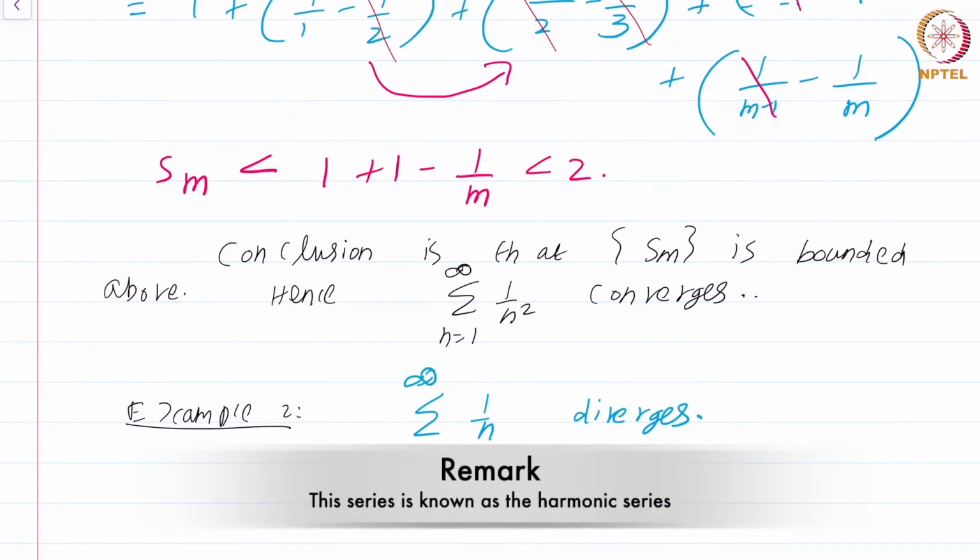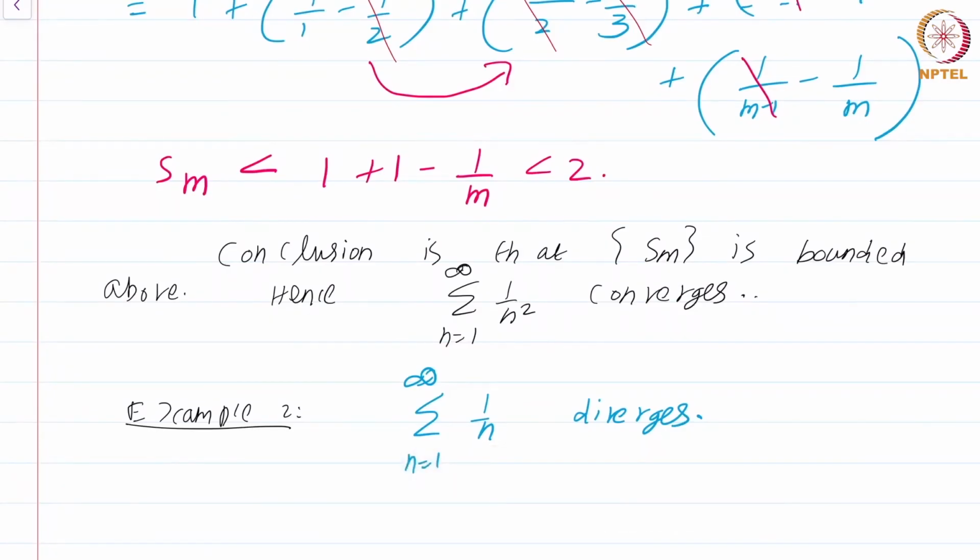Well, this might be a bit shocking to you, but you can do the following experiment on a calculator or a computer and try to see what exactly happens by summing up 1 by n for the first 10,000 terms, the first 1 lakh terms, the first million terms, and so on, and you will see that it slowly increases. It diverges, but it diverges very slowly.